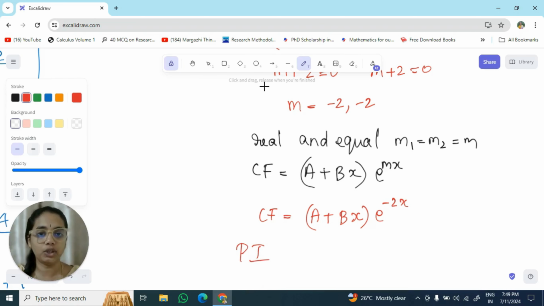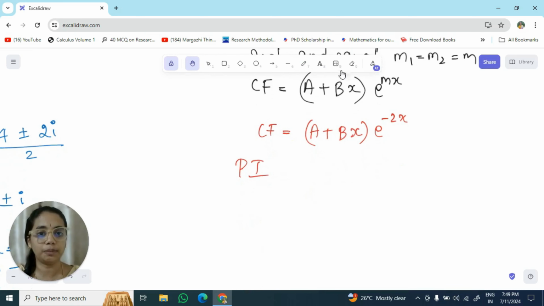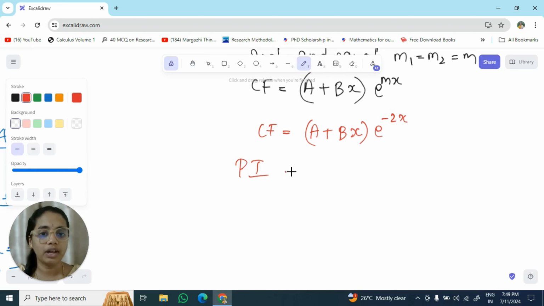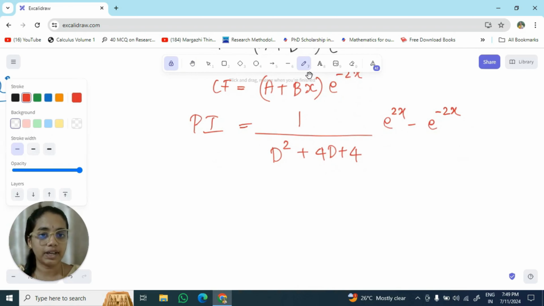So moving on, we are done with CF. Let us find our particular integral, that is PI. PI is equal to 1 by, what was the question? D square plus 4D plus 4, e power 2x minus e power negative 2x. This is what our question said, right?